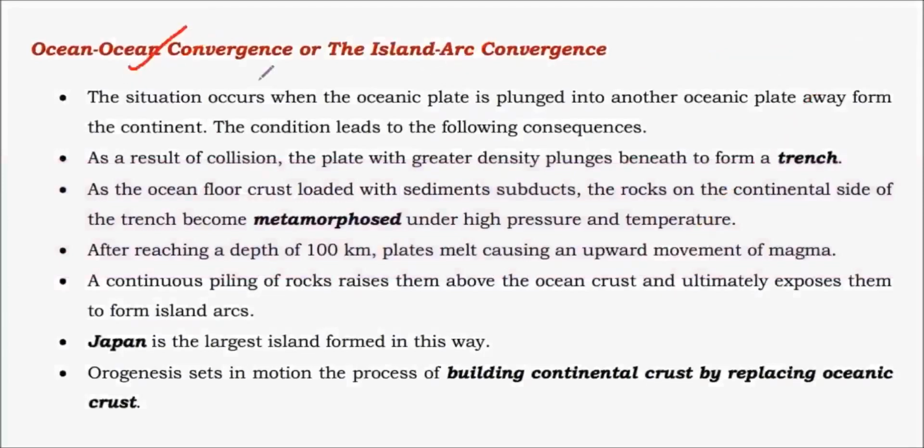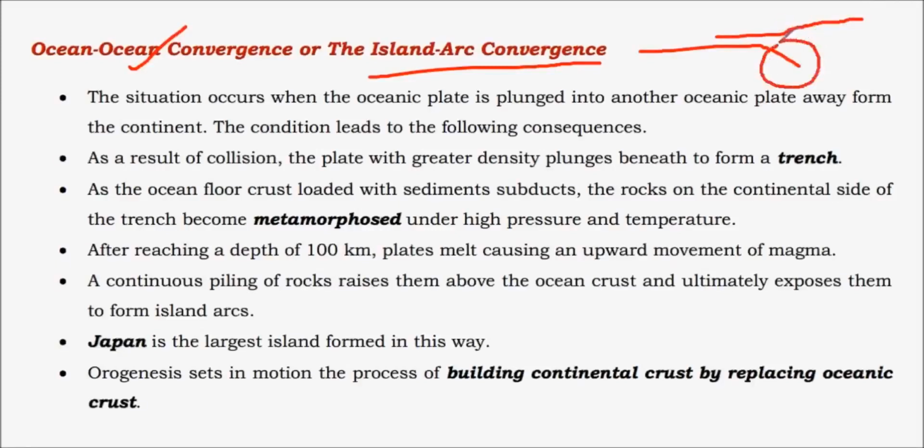The first one is ocean-ocean convergence or island arc convergence. In this kind of convergence, an oceanic plate which is denser plunges below an oceanic plate which is less dense. For example, this is the oceanic plate which is denser, which is plunging into an oceanic plate which is less dense. And this zone where the oceanic plate plunges below the less dense oceanic plate is called a subduction zone.